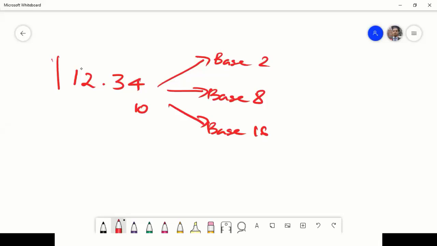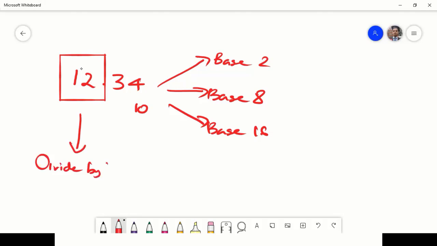For the integer part, you have to divide by the base. If you want to convert to base 2, you have to divide by 2. If you want to convert to base 8, you have to divide by 8. If you want to convert to base 16, you have to divide by 16 and then take reading from bottom to top.